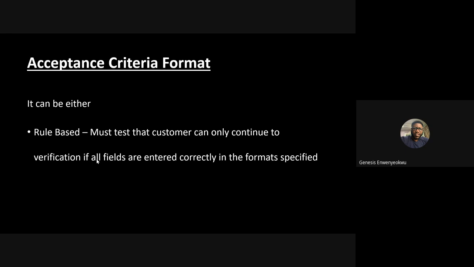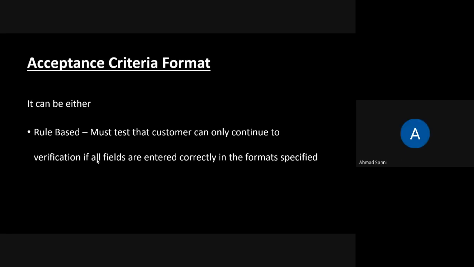But if you are to state this acceptance criteria using Gherkin syntax, that's the criteria base, you say, given that the customer is on the login page, when the customer clicks on the login button, then the system should be able to load the next page, provided all conditions have been satisfied. That is the Gherkin syntax. But in the rule, it's clearly stated that the login button should be functional so that when the customer clicks on it, the next page will load.